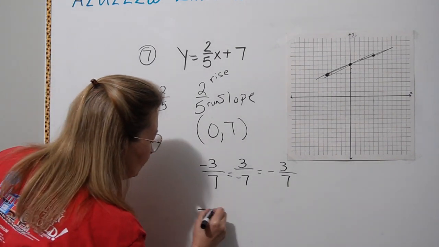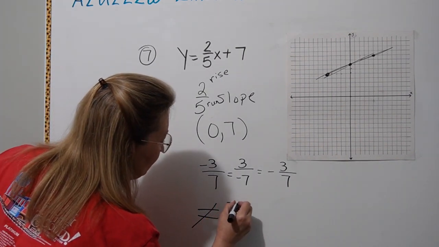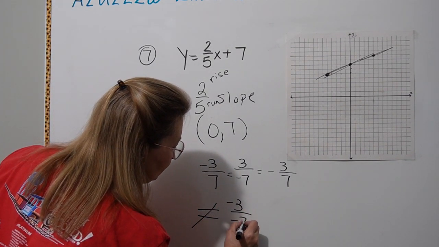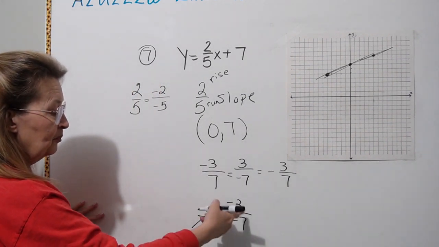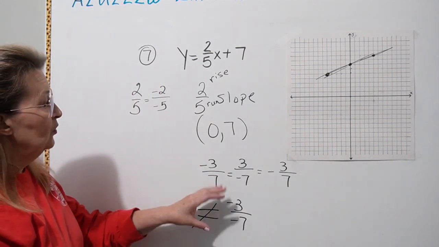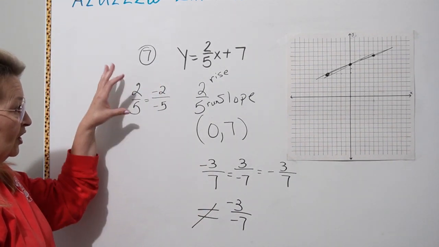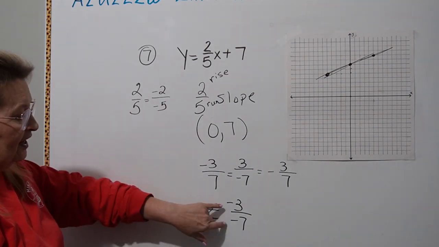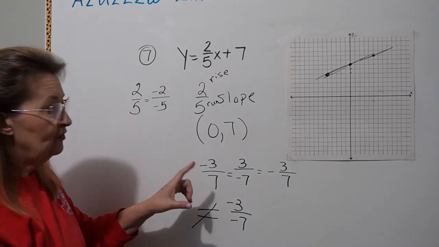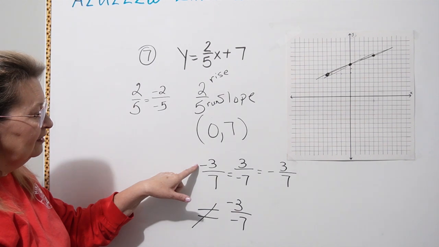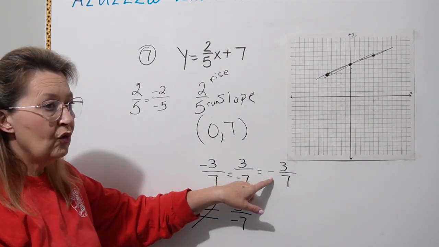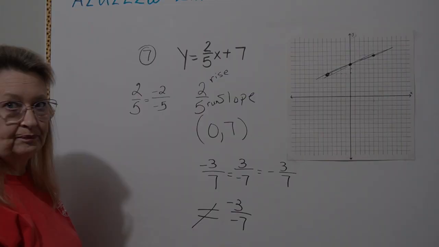The only thing you cannot do is turn around and say, well, that must be -3 over -7, because this is positive. So when you have a fraction that has no negatives in it, then yes, you could use both negatives. But if you have a fraction with one negative in it, you make sure that you have one no matter where it goes.